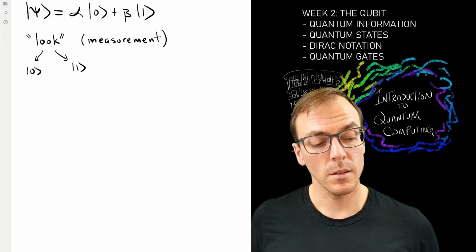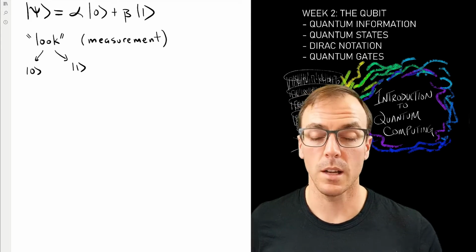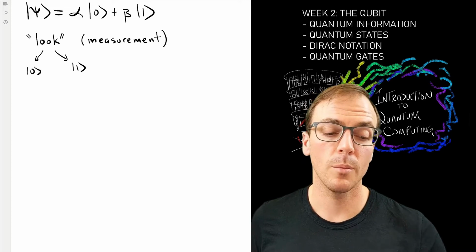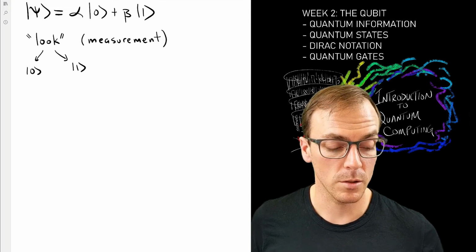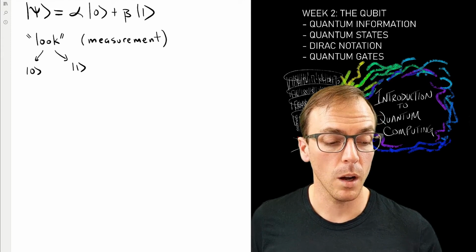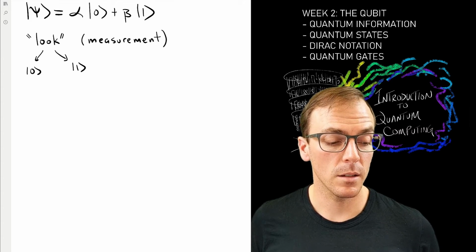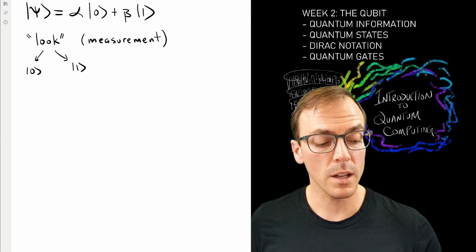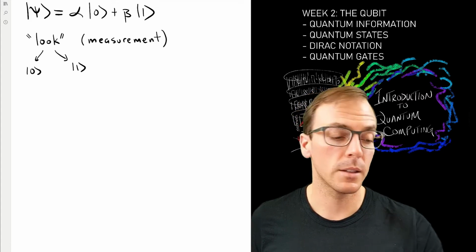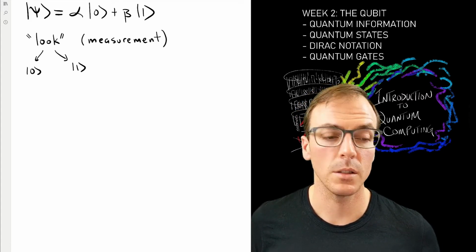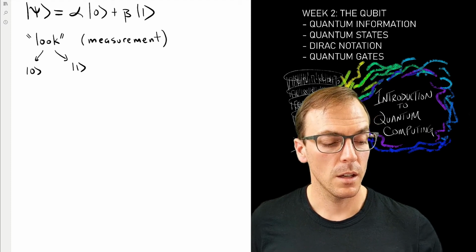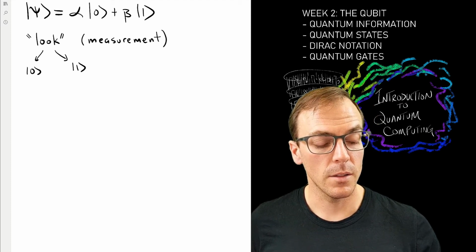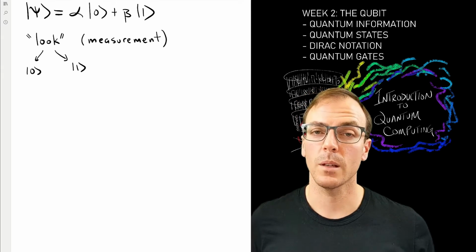This going from an arbitrary state, any state where alpha and beta can be any complex number, to 0 or 1 is clearly not reversible. So once I've seen 0, I have no idea what the original state was. And this definitely doesn't happen completely randomly.